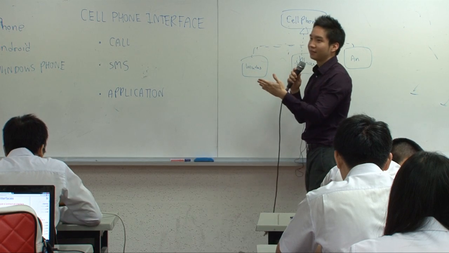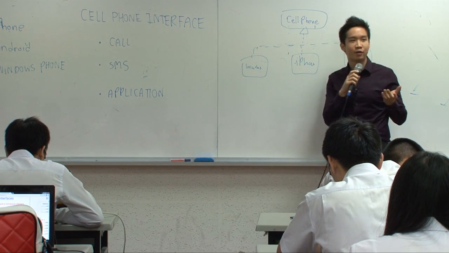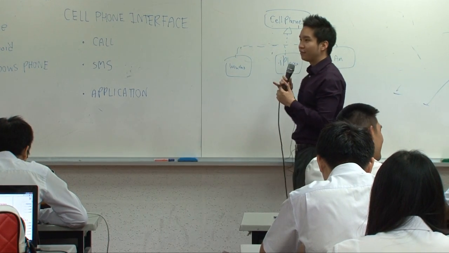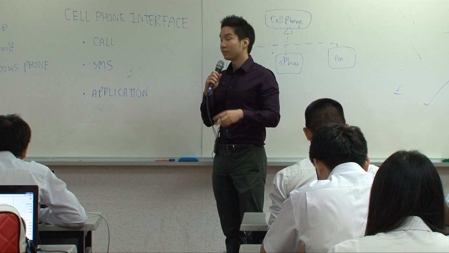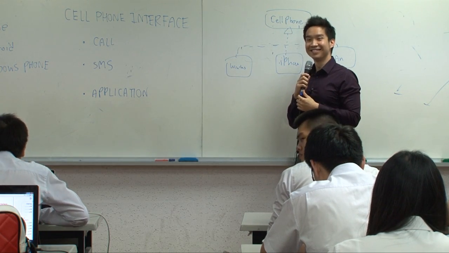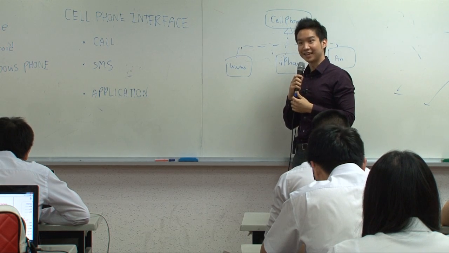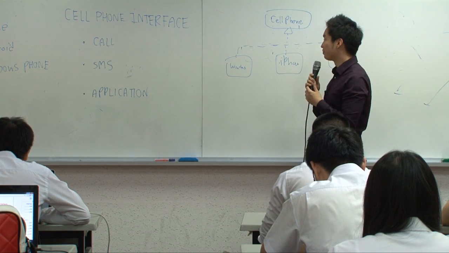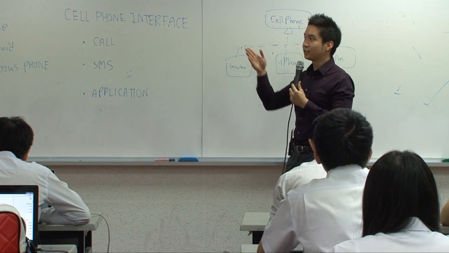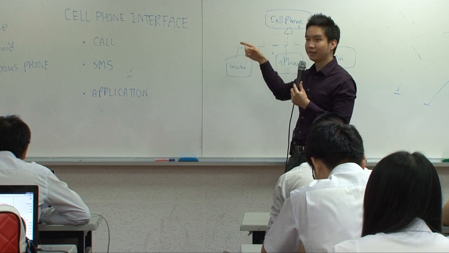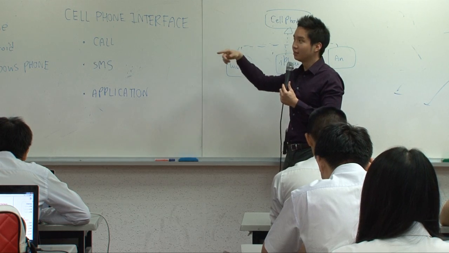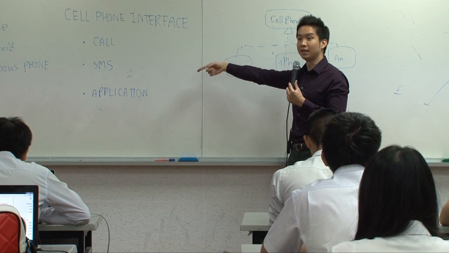So I know that these phones are hardware phones, right? But let's suppose that they were software classes. So if I were to give the Windows Phone class to, what's your name? Nat. So if I were to give the class Windows to Nat, your job is to implement the three behaviors to make this class able to execute the call method, the SMS method, and the application method.